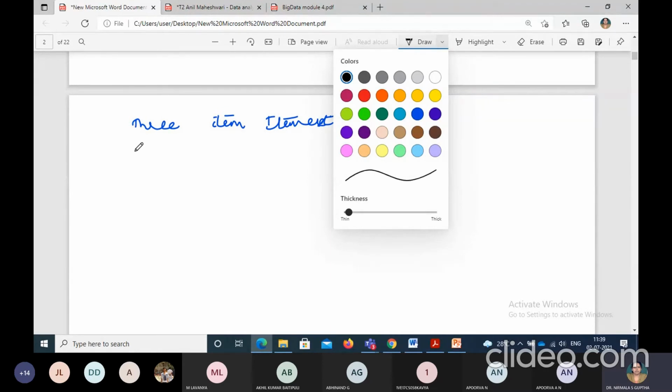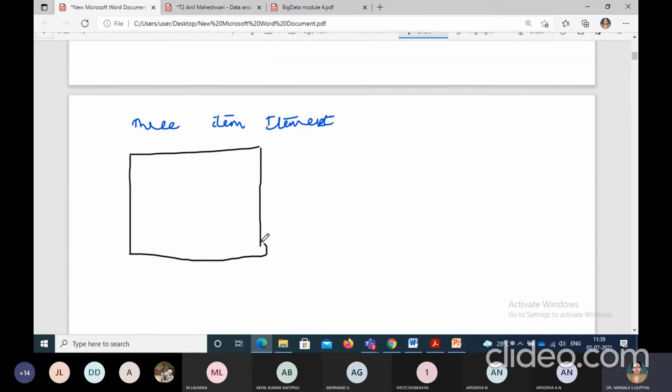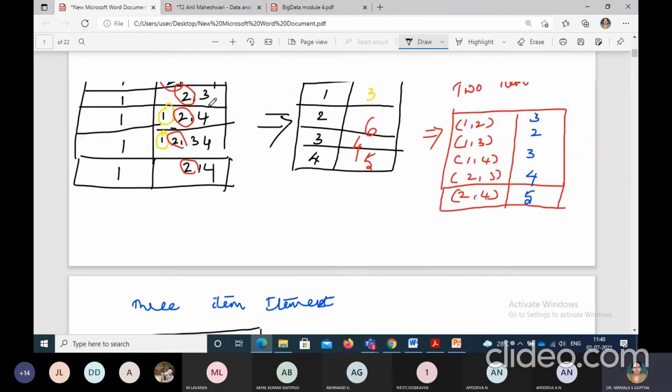So we need to draw again a table with a combination of 3 items. So what are the possibilities of the 3 items? 1, 2, 3. Wonderful. So 1, 2, 3 is one combination. Then what are the possibilities?